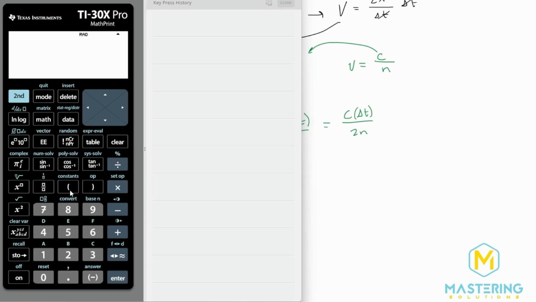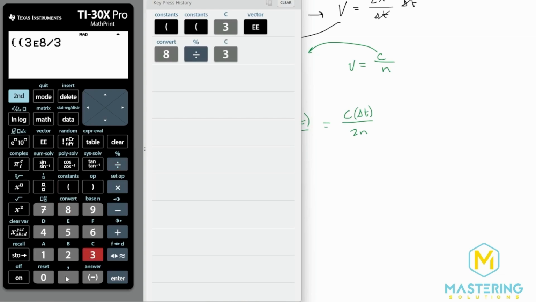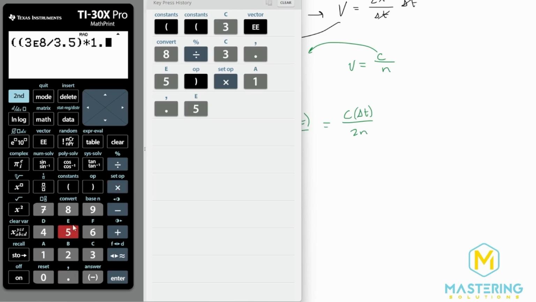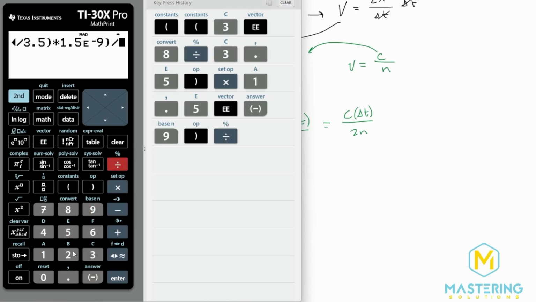When we come to our calculator, I'm going to plug it in the first way. We'll have 3 times 10 to the 8th divided by the index of refraction, 3.5. Then that gets multiplied by the time available, 1.5 times 10 to the negative 9. All of that gets divided by 2.